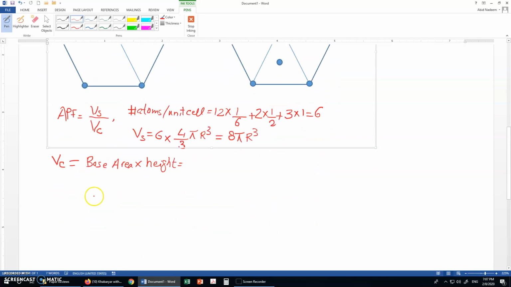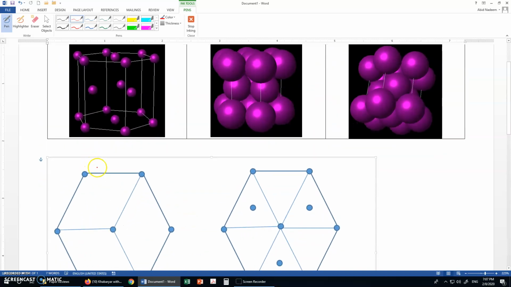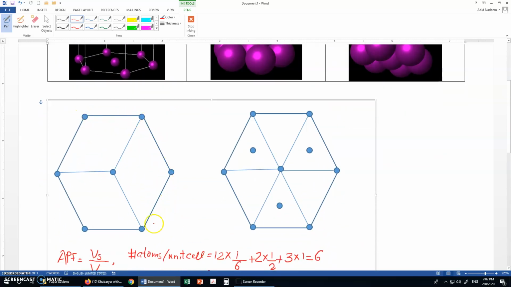So what is the base area? The base area is in the shape of this hexagon. You can see that I have drawn this hexagon over here. This hexagon has 6 sides, and each side is equal to a, by the definition of the unit cell. This hexagon can be divided into 3 smaller shapes, and each of these shapes is a parallelogram.